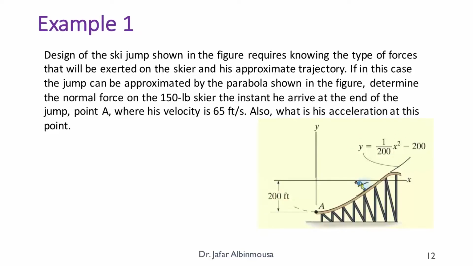We want to determine the normal force on a 150-pound skier at the instant he arrives at the end of the jump, which is point A, where his velocity is approximately measured as 65 feet per second. Also, what is his acceleration at this point?